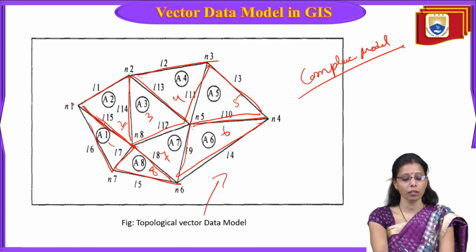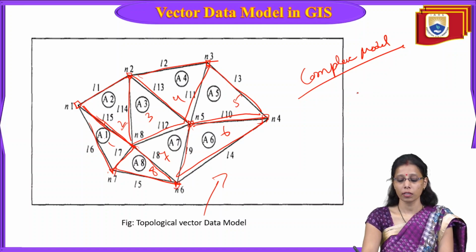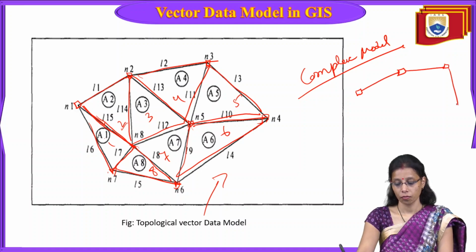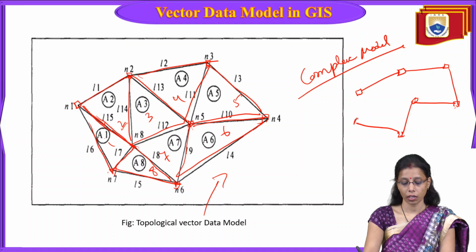This is node 1, node 2, node 3, node 4, and node 5 is this one, node 6, node 7, right? So how is the node decided here? Node 1: one click, second click, third click, fourth click, fifth click, sixth one, and the seventh one, and it joins node 1 again.